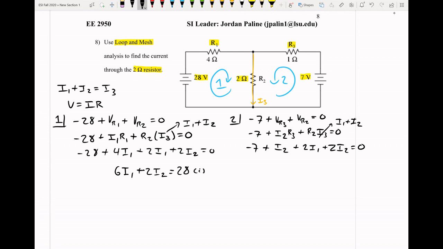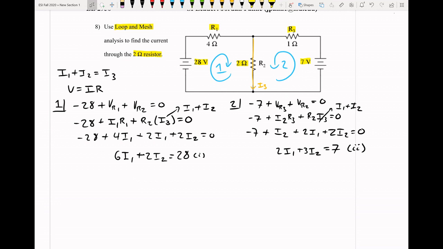And then looks like we'll get 2I1 plus 3I2 is equal to 7. And this will be our second equation. All right, we have 2 equations, we have 2 unknowns. So we need to find both of these currents, so we can find I3 here.